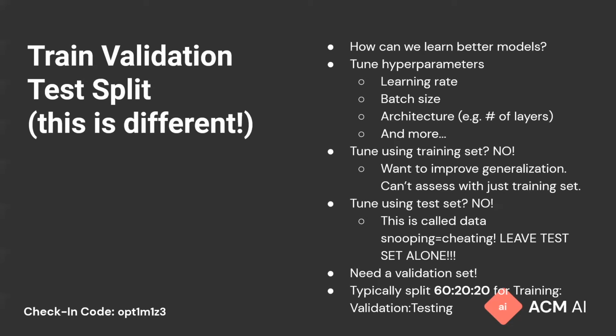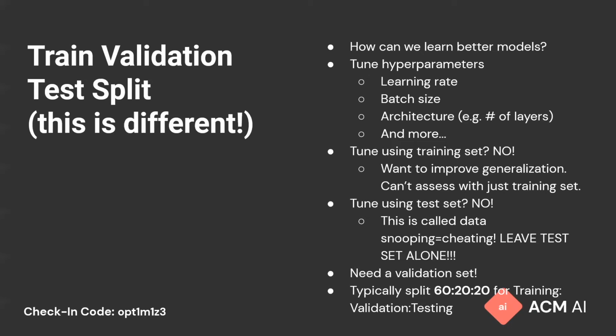And so that motivates a third split called your validation set. The sole purpose of this validation set is to have a set that's not used at testing time that you can use to tune your hyperparameters, so that there's no cheating going on when you finally do evaluate at test time.